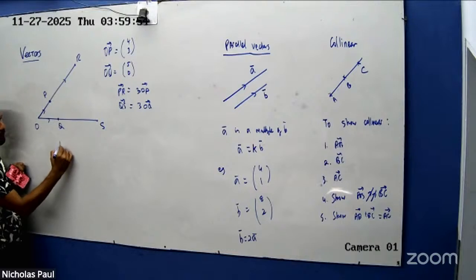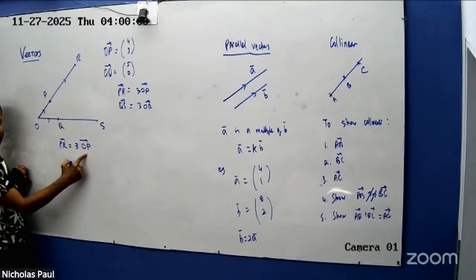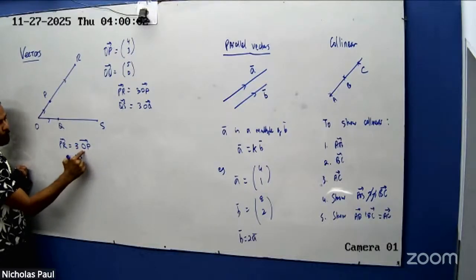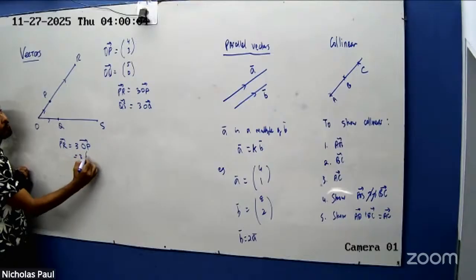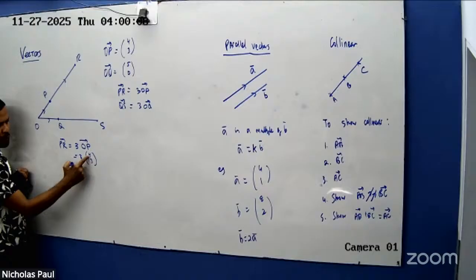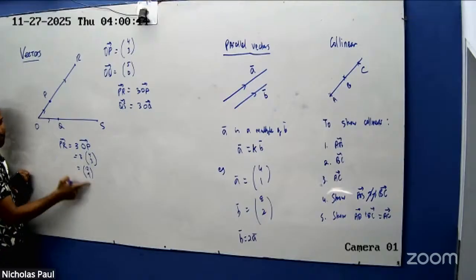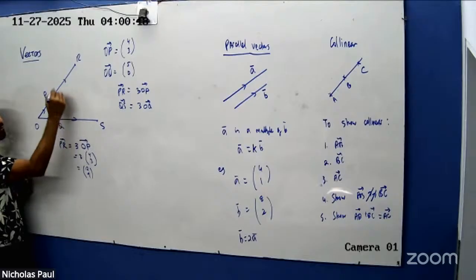I could write PR is 3 times OP. That's exactly what it told me, right? But what is OP? OP is 4,3. How do I multiply again? 3 by and 3 by. So I'll end up with 12,9. So PR is 12,9.